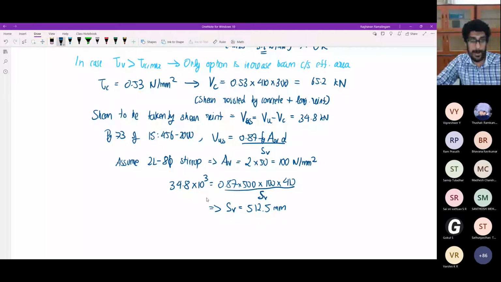It comes 512.5 only, so it's a pretty low value. So you have some nice SP16 maybe.